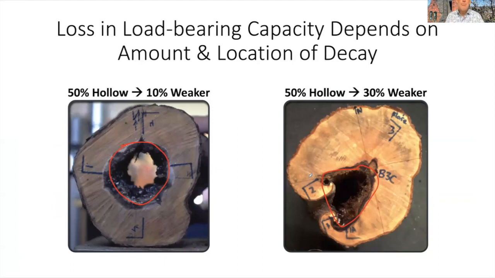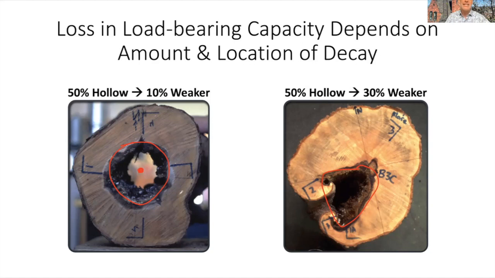So they're 50% hollow. We're basically saying that the area of decay, or in this case, the area that's hollow, is about 50% of the cross section.